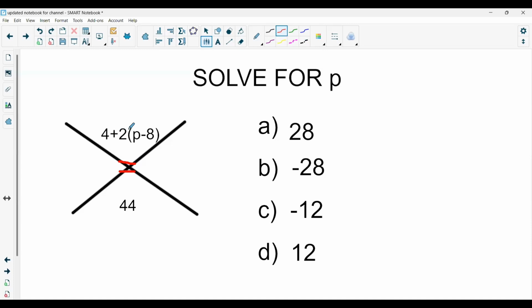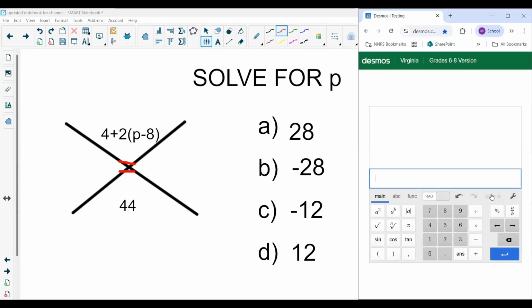Okay, and read it as such. 4 plus 2 parentheses, p minus 8 close parenthesis is equal to 44. So let's see, let's get our calculators out. My first side, I'm going to type it in, 4 plus 2 parentheses, p minus 8 close parenthesis. I see the equal sign, so I'm going to hit enter, and it's going to equal 44.